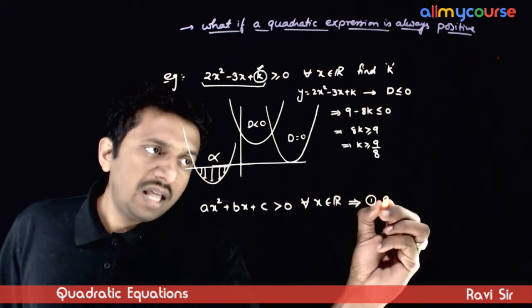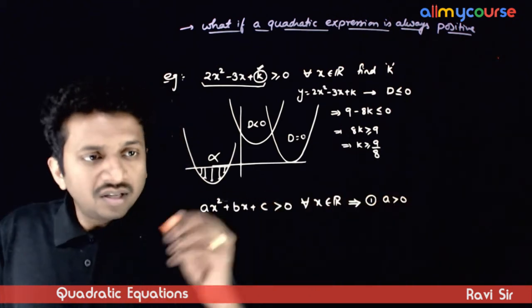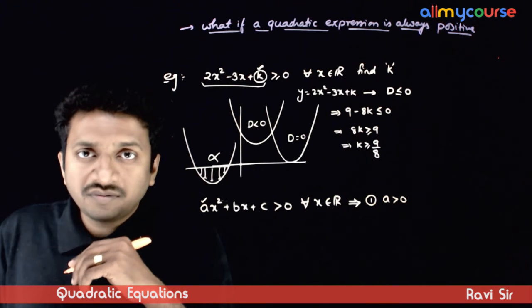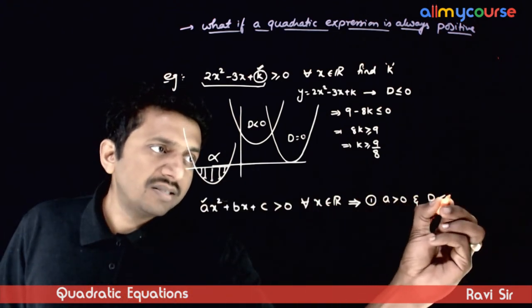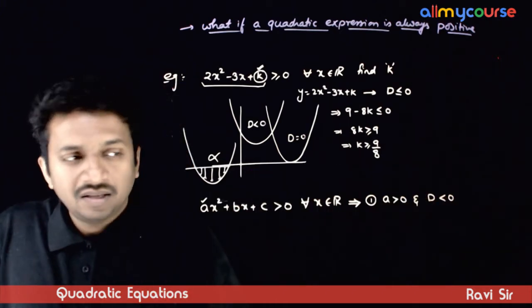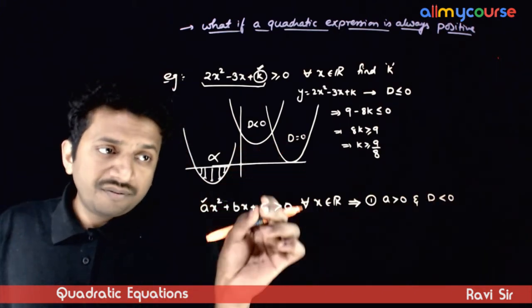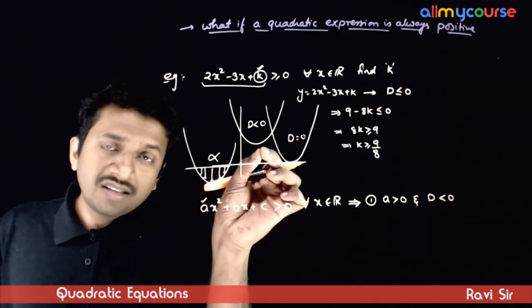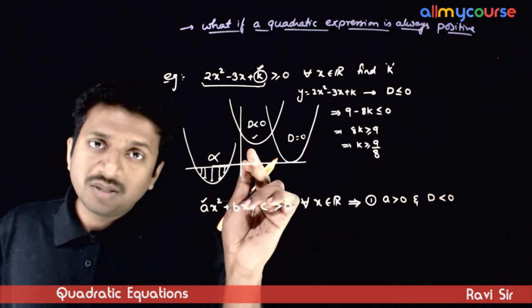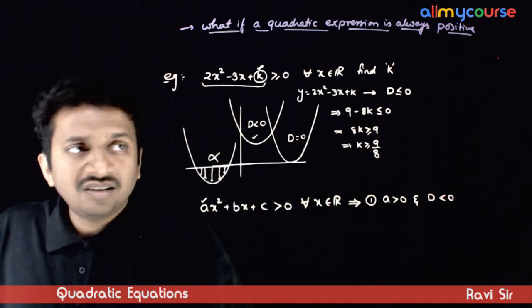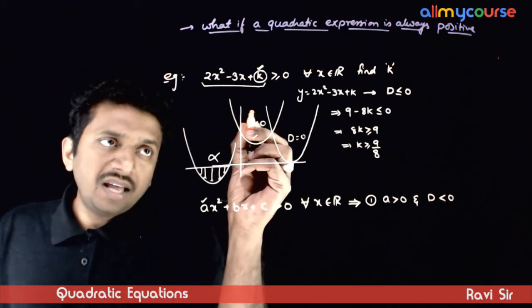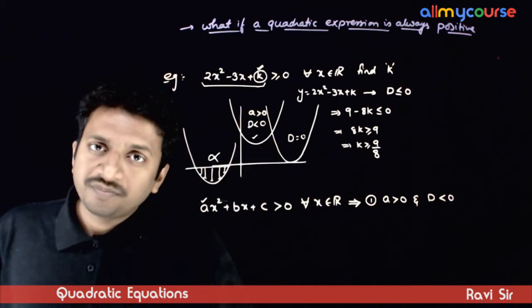The first is a has to be positive, the leading coefficient has to be positive, and the second condition is the discriminant is negative. If an expression is strictly greater than 0, then this has to be the possible graph, and this graph comes only when the discriminant is less than 0 and a is greater than 0.